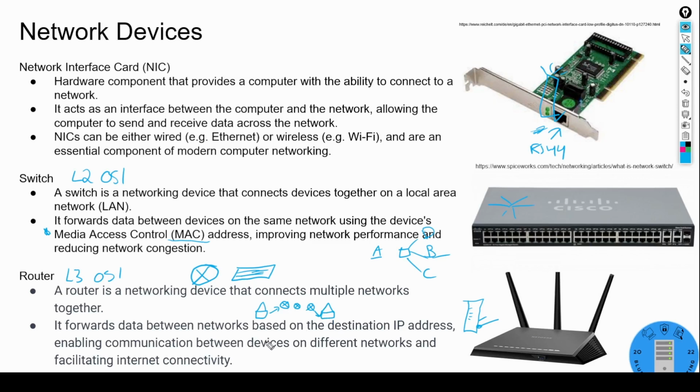It's going to forward data between networks based on the destination IP address, enabling communication between devices on different networks, and it's going to facilitate internet connectivity. So for here, think of switches, think of LANs, they have to be close, and they're going to use MAC addresses.